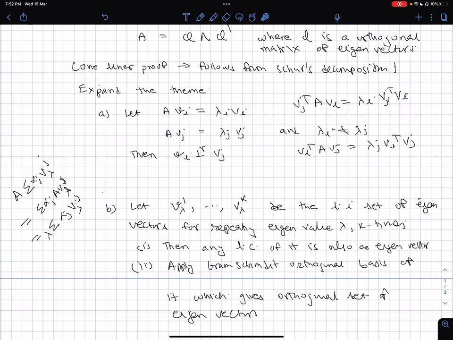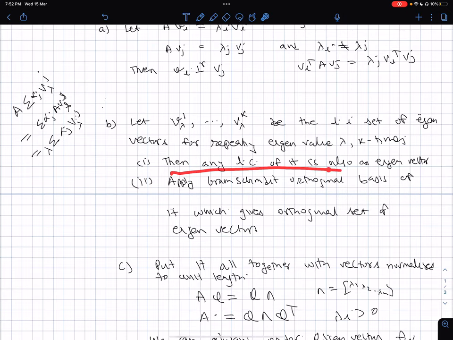So we have arrived at this simple conclusion that any linear combination of them is also an eigenvector. So what we can do is apply Gram-Schmidt orthogonalization to this. Start with any basis corresponding to this subspace of the eigenvectors for the eigenvalue lambda, apply QR decomposition or Gram-Schmidt orthogonalization to it, and extract a basis which is made up of an orthogonal set of vectors.